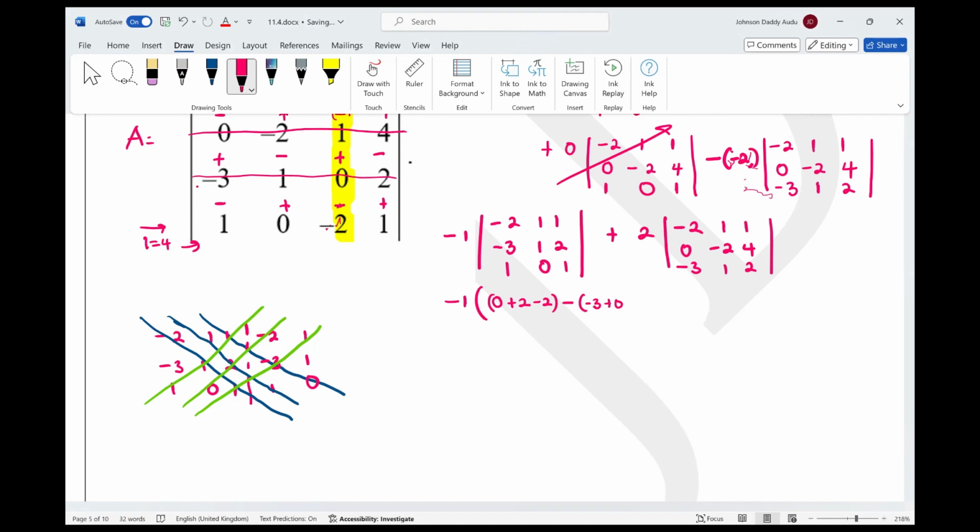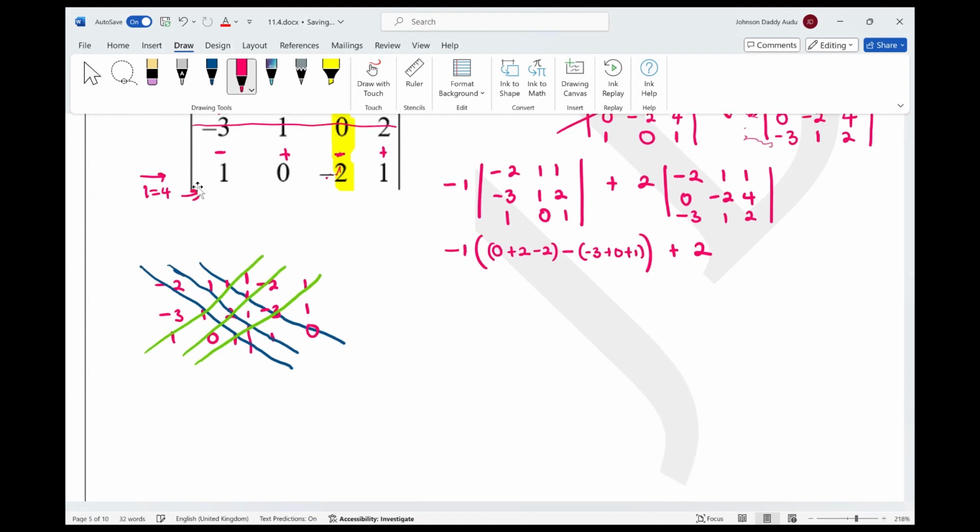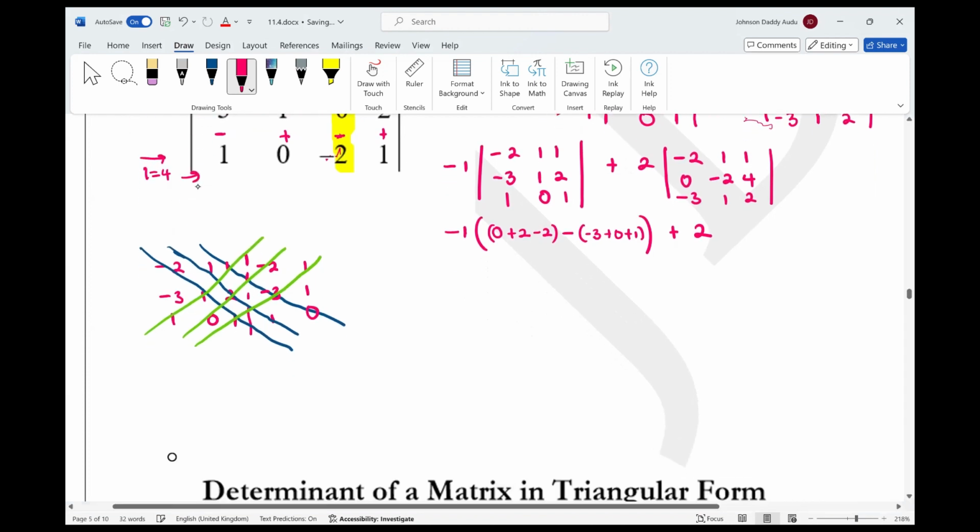Plus 1. I think so. Right. Okay, it's what we have. Then plus 2. Now I need to find the determinant of this one as well.